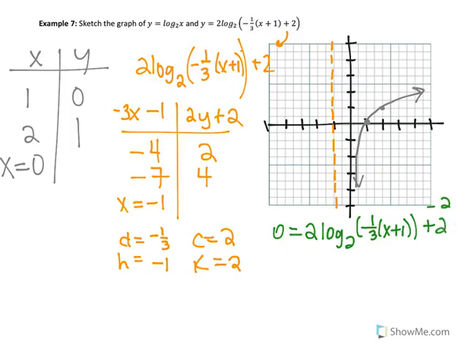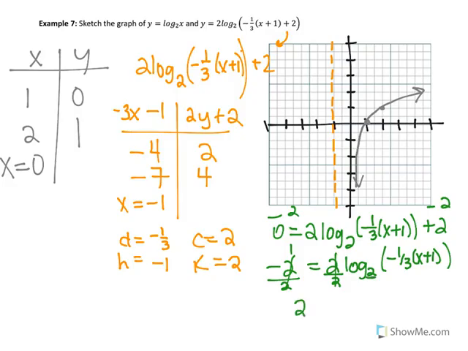So first thing we're going to do is subtract 2 to the other side. Then we're going to divide by 2 to get rid of this c. So this is gone, and this turns into -1. Now we're going to change it to an exponent.